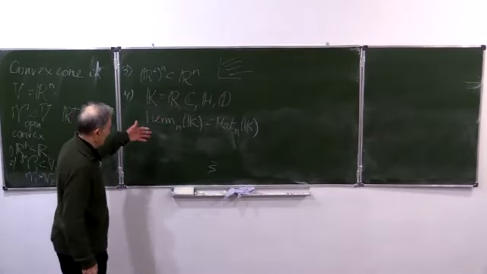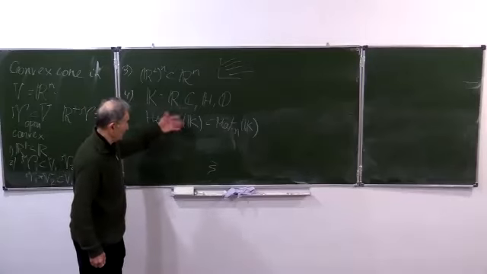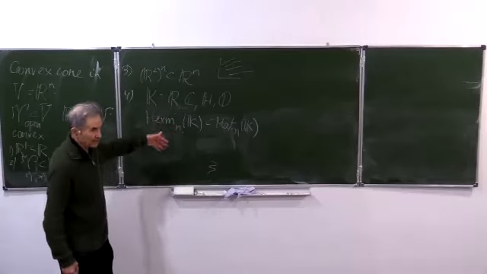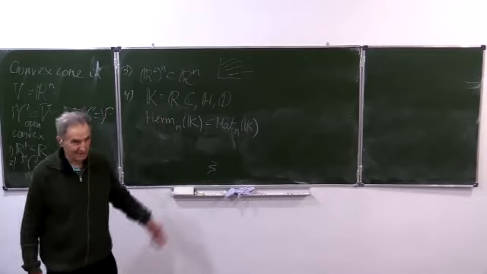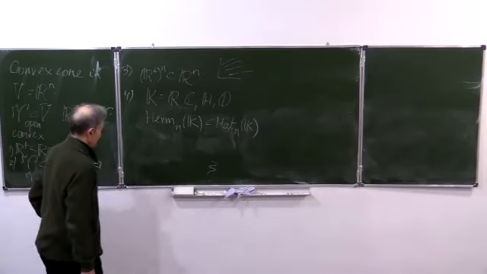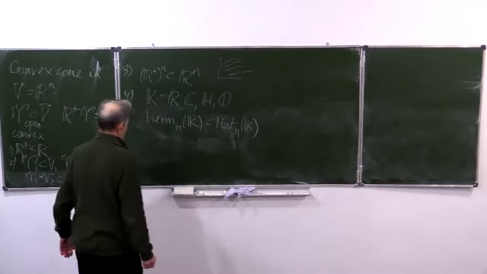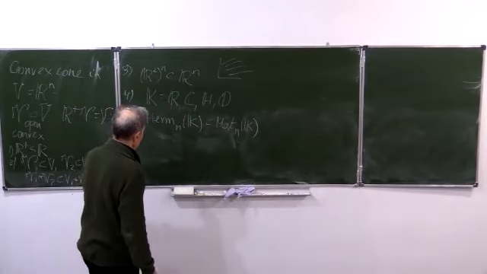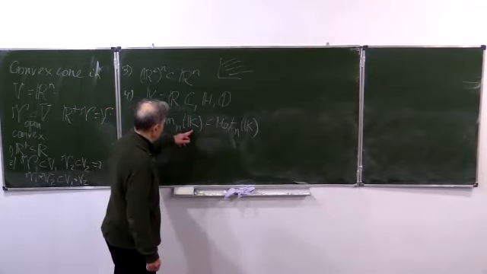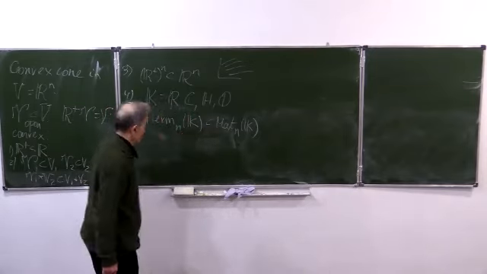For K equal R, of course, it is only the space of symmetric matrices, and then it is some generalization. But everybody knows what symmetric Hermitian matrices are. It's linear over K in one argument and anti-linear in the other argument.